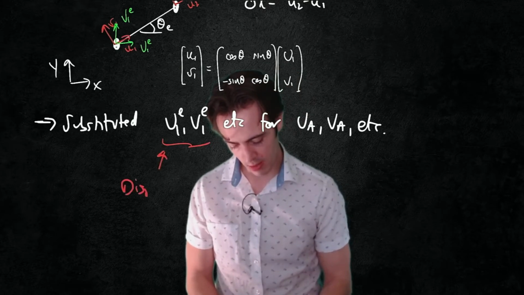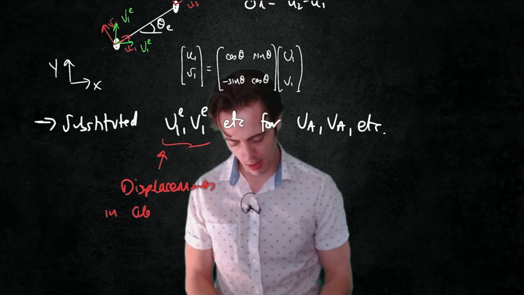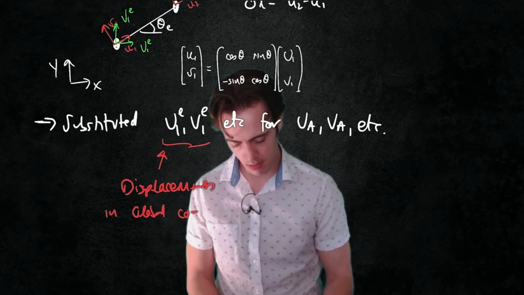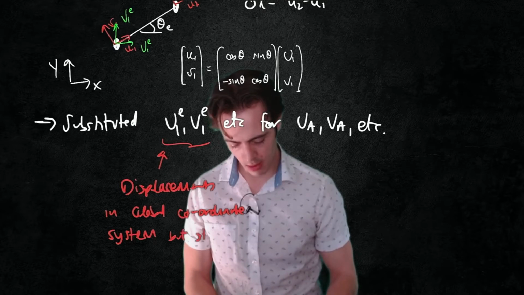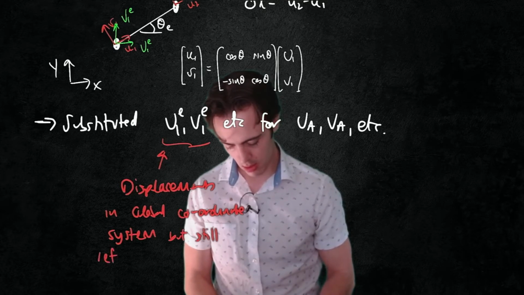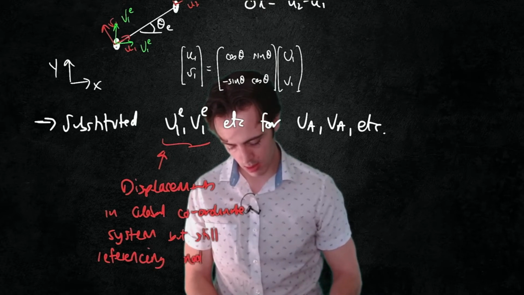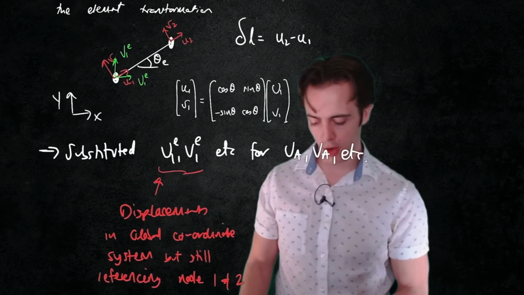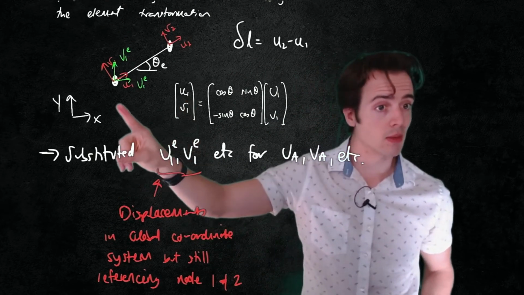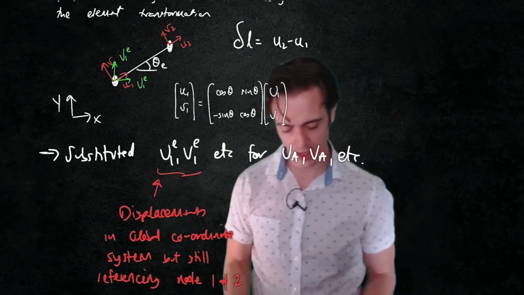So these were displacements in the global coordinate system, but still referencing node 1 and 2, and because they reference node 1 and 2, those are still just for a single element. Okay, so node 1 for the first element might not be the same as node 1 for a second element.